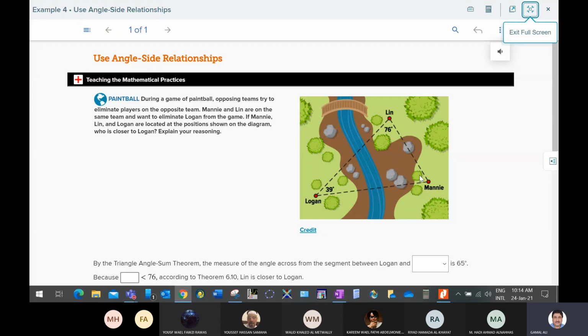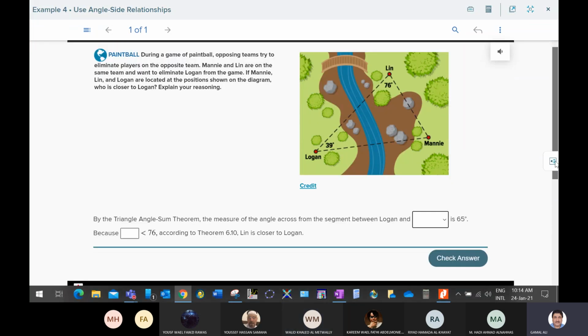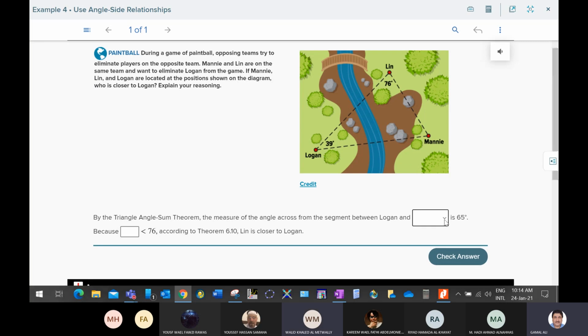Add them, then subtract from 180. This is 75. What is the shortest angle? This angle, 39. What is the opposite side?